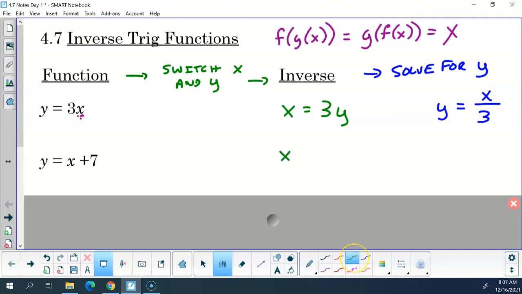X equals y plus 7. And then we do what? Subtract 7. So we get y equals x minus 7. Plug it back in. X minus 7 plus 7 is just x. Boom. Plug it in another way. X plus 7 minus 7.